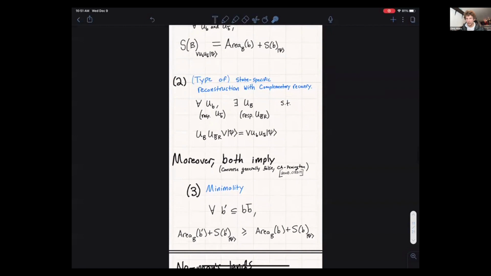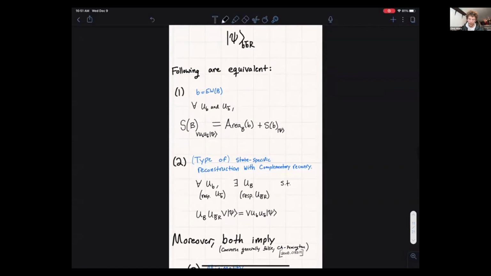I'd have to think about that, but I think that if you have a setup like this, where there are two candidate minimal surfaces, and let's say this upper one is minimal because of some entanglement between these regions.